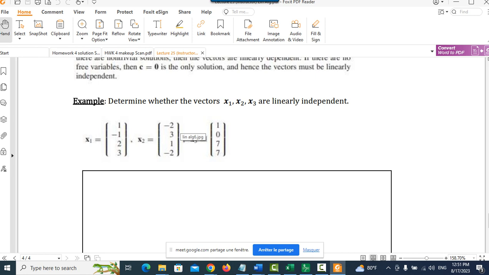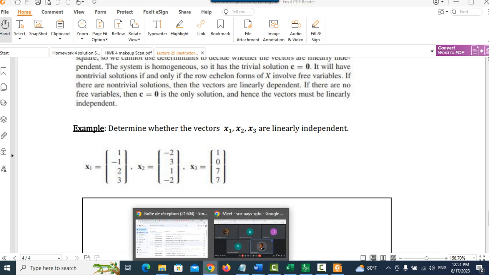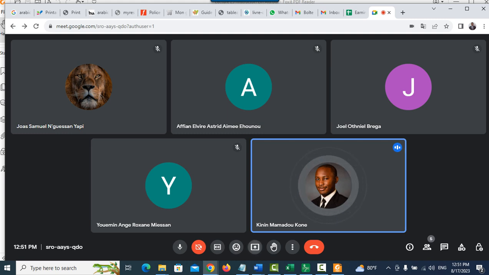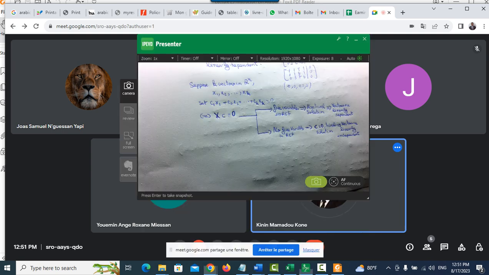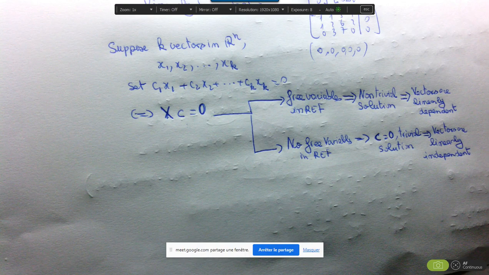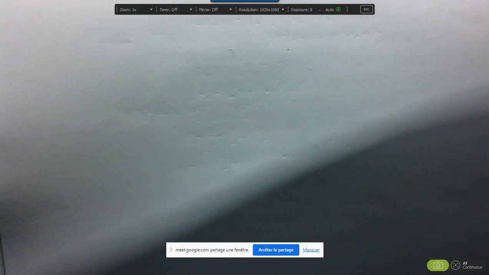So I need to actually solve a system of linear equations. So it will lead me to solve the following. I have x1 equals negative 1 here, 1 here, 2 and 3.